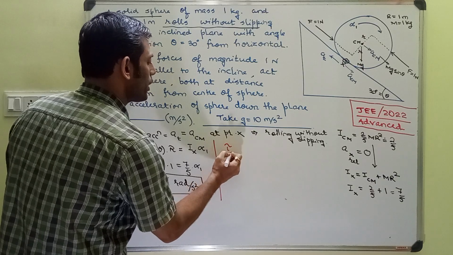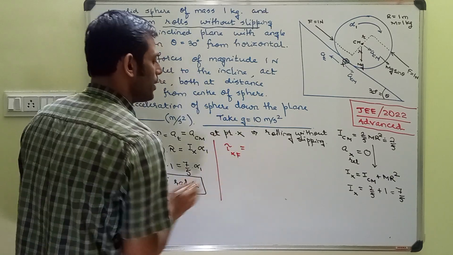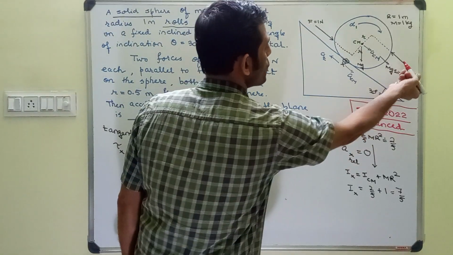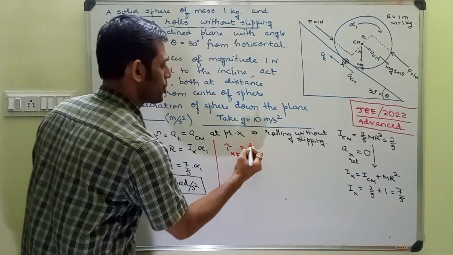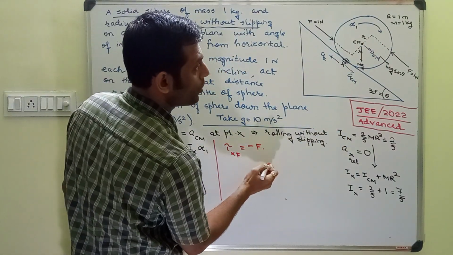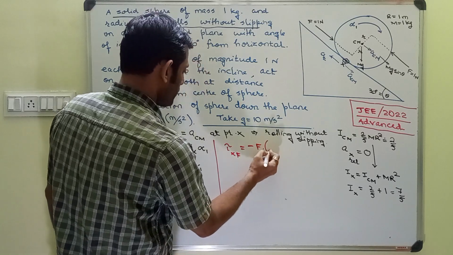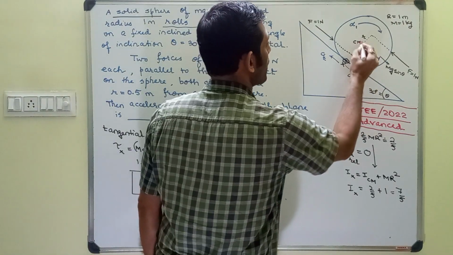Let's say the torque about x due to a force F will be equal to how much? This force is in the opposite direction, producing torque in the opposite direction. So minus F into capital R plus small r.